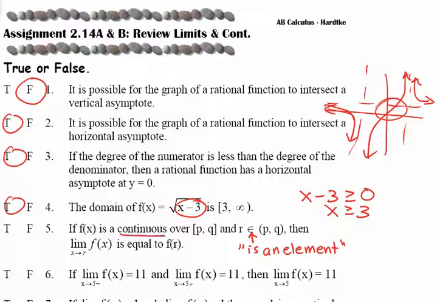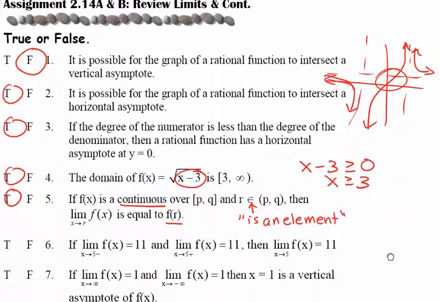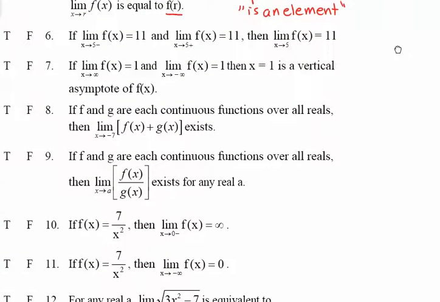Well, continuity guarantees that there is a limit. The definition of continuity requires that there is a limit, and it requires that there's no hole. So not only does the limit exist, but we cannot have a hole in the graph. So f of r can be found by direct substitution if our graph is continuous.